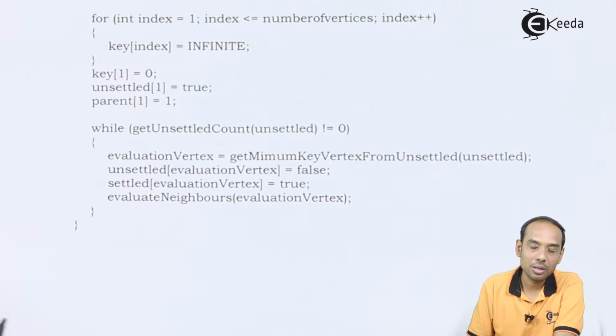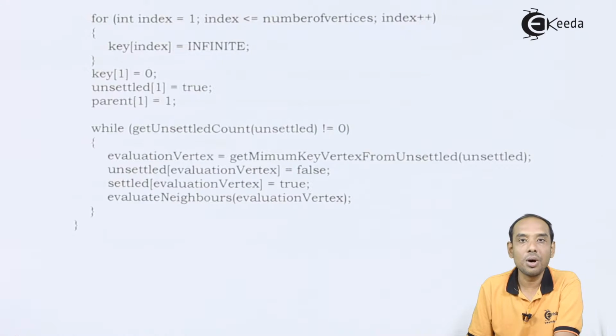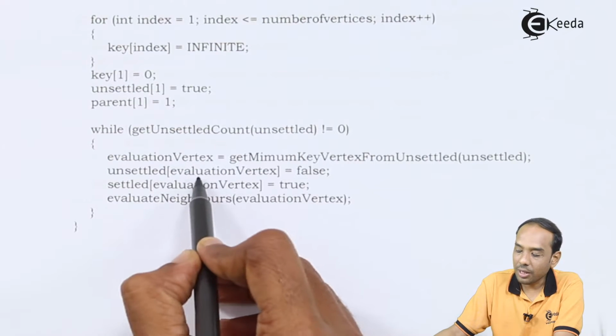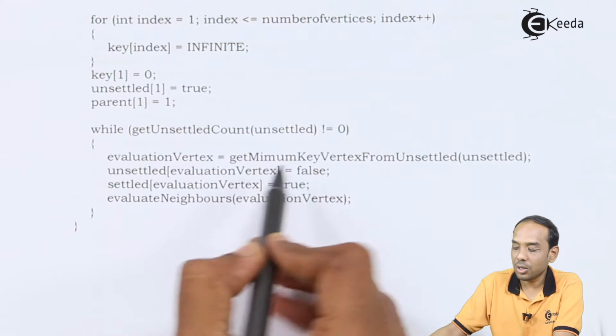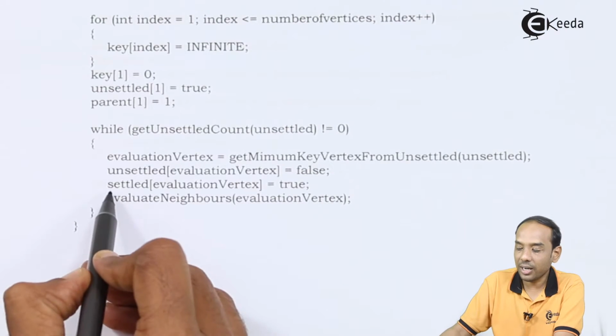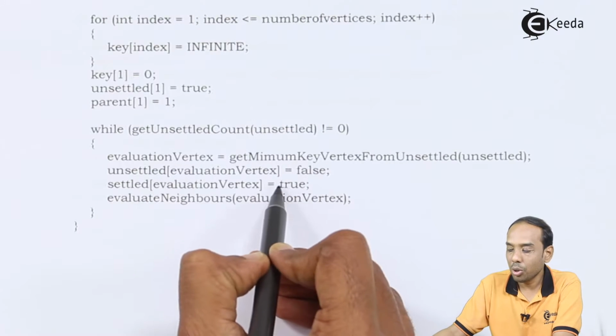When this is done, we are going to define another set of values. You must remember we have defined the type of unsettled and other variables array as boolean. So we need to have the value in true and false format only. That's why we write unsettled with the index as evaluation vertex equal to false and settled evaluation vertex equal to true.